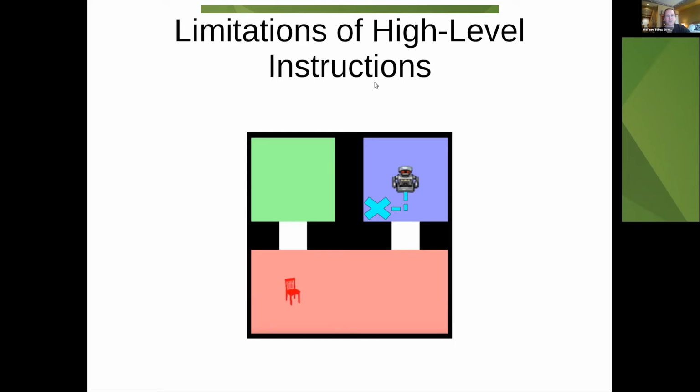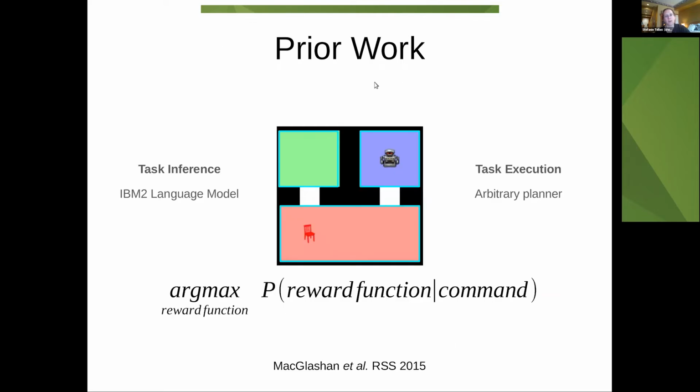So you want to be able to understand both. What we did to address this problem is we built on some prior work that represents language, that represents the human's mental state, and here we're going to use mental state and the reward function interchangeably. So we're going to represent the reward function given a natural language command and use the IBM Model 2 language model to learn how to do this mapping from English to reward function.